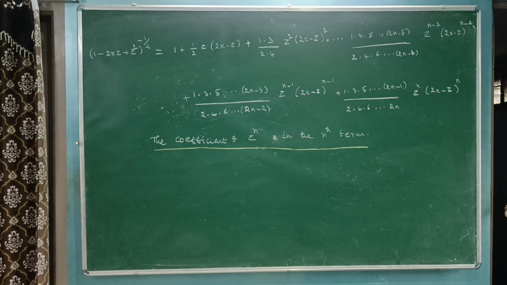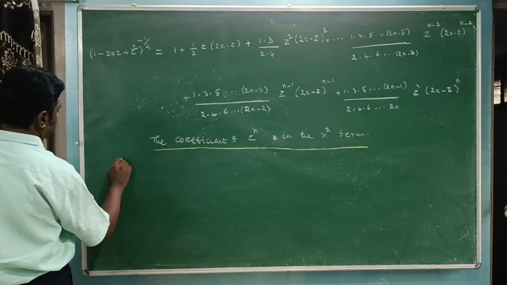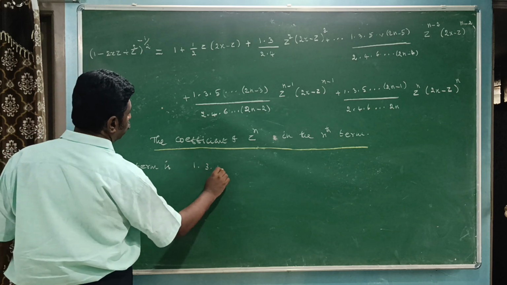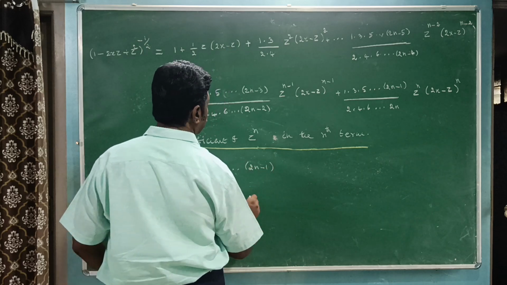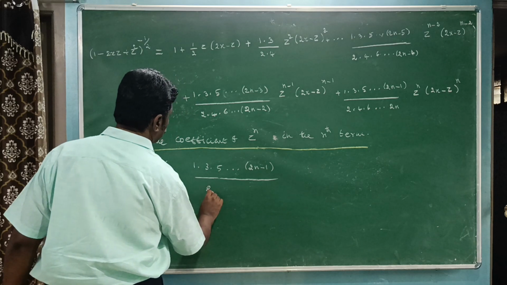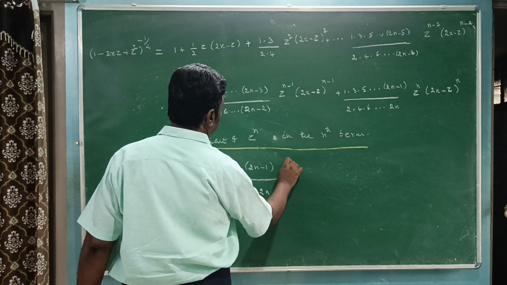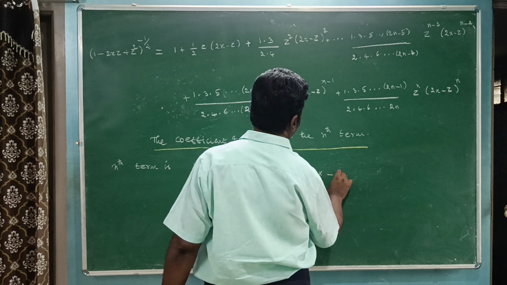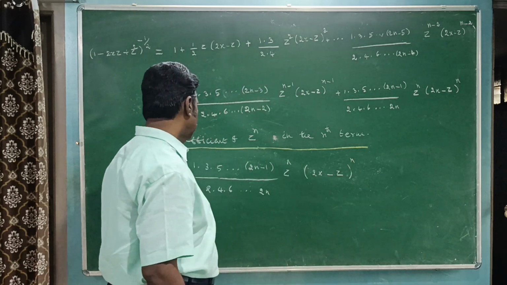Now we have to find out the coefficient of z^n in the nth term. The nth term is (1·3·5···(2n − 1))/(2·4·6···2n) z^n (2x − z)^n.